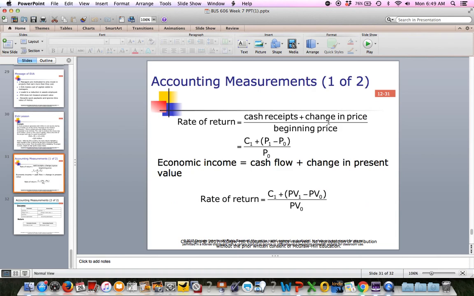So then just accounting measurements and rate of return. It says cash receipts plus change in price divided by beginning price gives you what they call an accounting return. That could be for anything. So revenues plus change in price divided by beginning price is rate of return. Economic income, though, is cash flow plus change in present value.